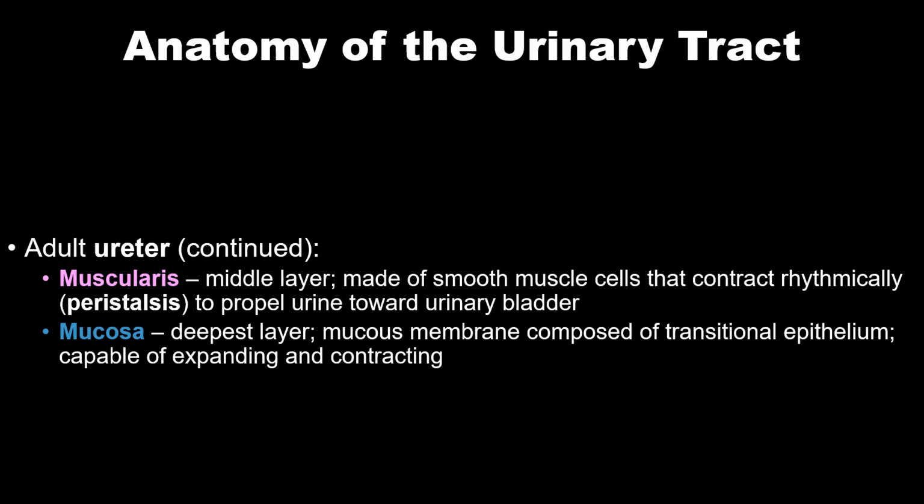Deepmost, you have the mucosa, this membrane consisting of transitional epithelium and an underlying basal lamina. As you guys learned in chapter 4 when we talked about histology, a transitional epithelium is going to be stratified with cells that can change from having a domed shape to being squamous. It allows them to expand and recoil.